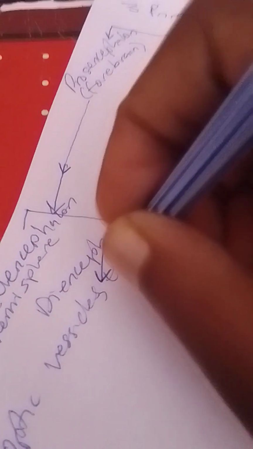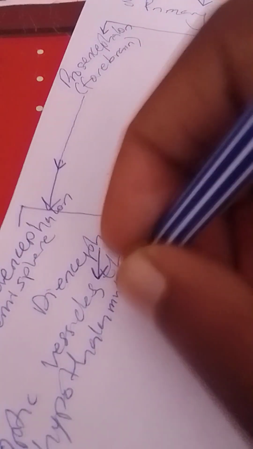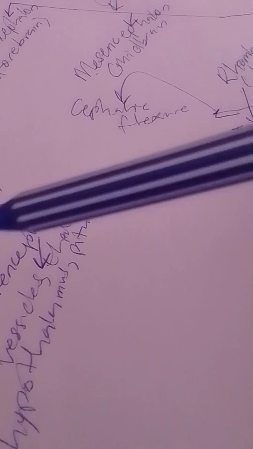We're going to have the thalamus. We're going to have the hypothalamus, and we're going to have the pituitary. Okay. All right. So prosencephalon will give us 2 more brain vesicles. That's going to be telencephalon and diencephalon.